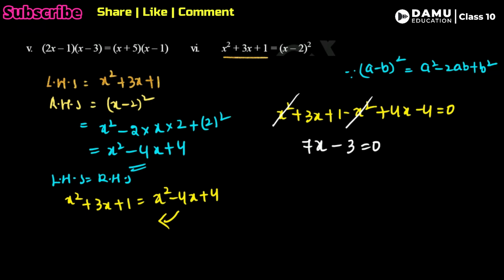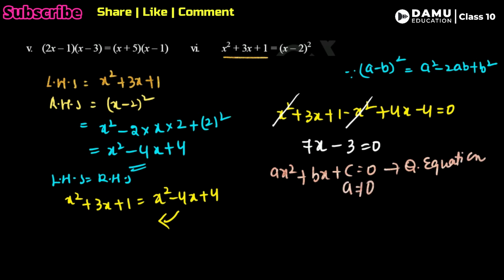Actually, what is a quadratic equation? A quadratic equation is ax square plus bx plus c equal to 0, and a should not be equal to 0. We cannot write it like 0 into x square.